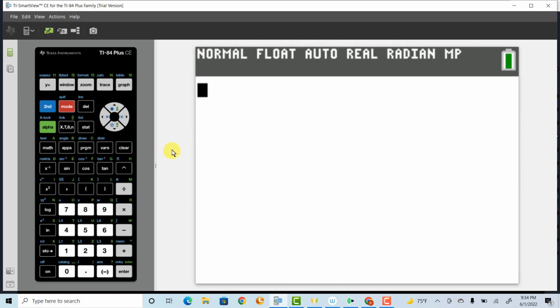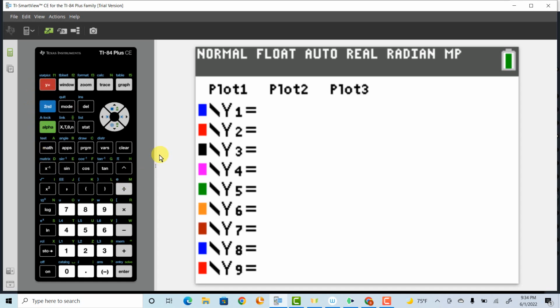And I'm going to talk you through this as though you didn't know anything. We're going to go to our calculator and press the y equals button. Anytime we want to graph something, this is where we go. I'm going to type in the equation. So it's 4x. X is up here, just to the right of the alpha button.